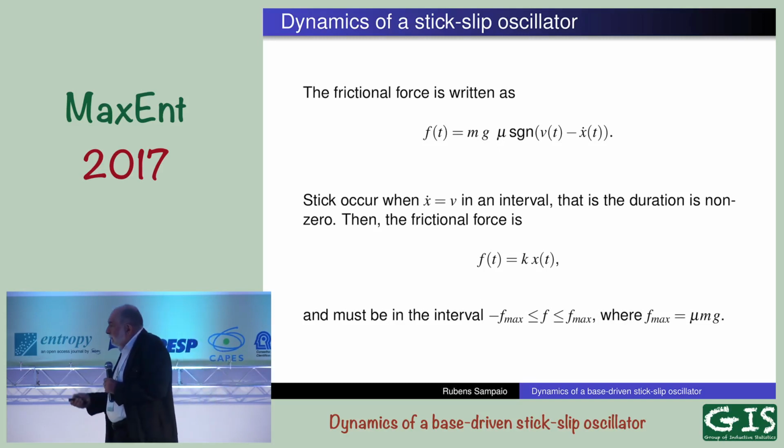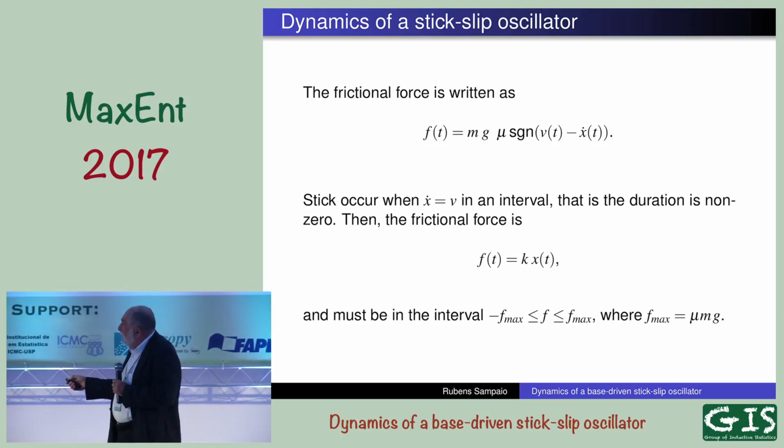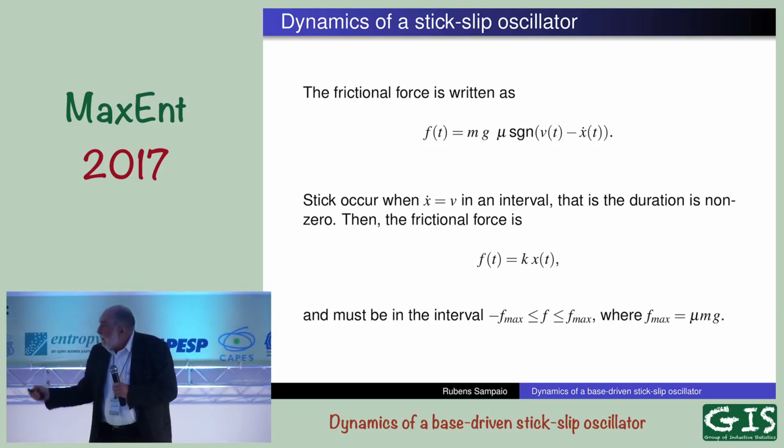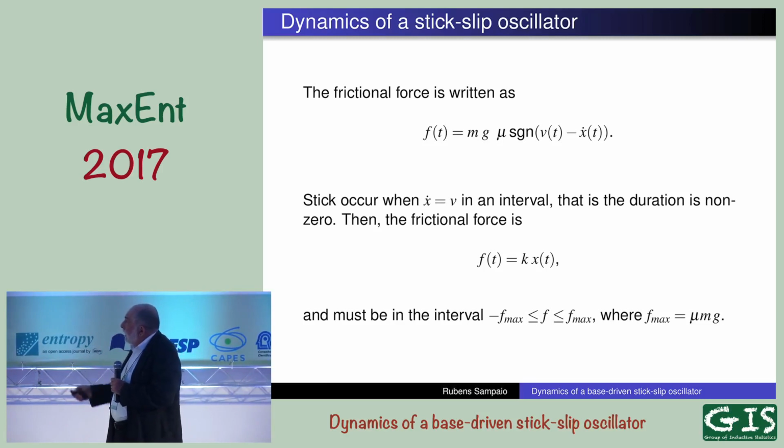And if v and x dot are different, that's the model. When v is equal to x dot, this term is 0. And if v is equal to x dot, there is no acceleration. The acceleration is 0. So during the stick part, the dynamics is governed by this equation.